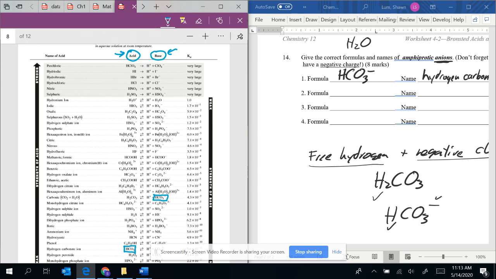Okay, so we can find other ones that fit that criteria right here. So here we find HSO4 minus. It has that free hydrogen. It has a negative charge, and it's called hydrogen sulfate ion.